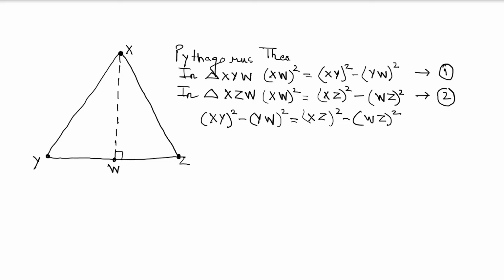So from here, can I say that XY whole square is equal to XZ whole square plus, now I am combining these two, I am combining YW whole square and WZ whole square.